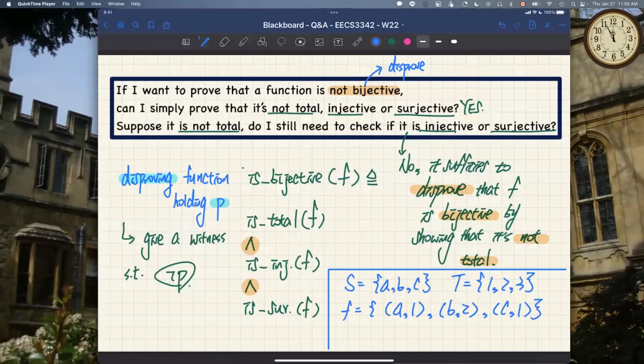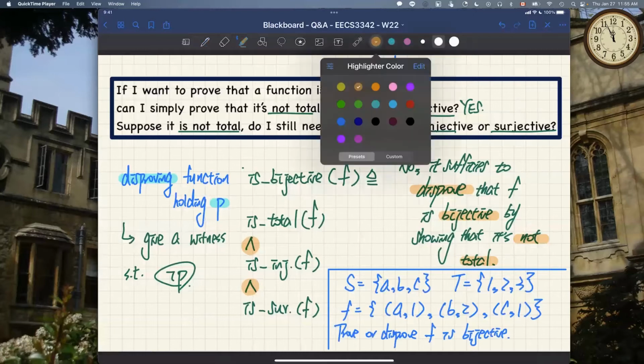All right, and the question is prove or disprove that f is bijective. It's indeed similar to the exercises we did at the end of lecture number 2. You can also refer to them for more examples. But let's talk about this one specifically.